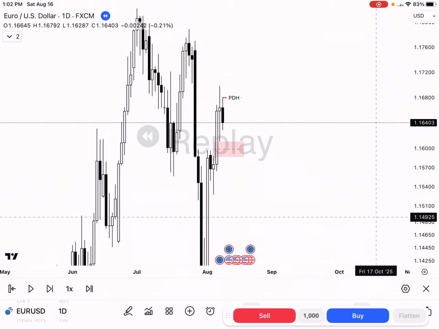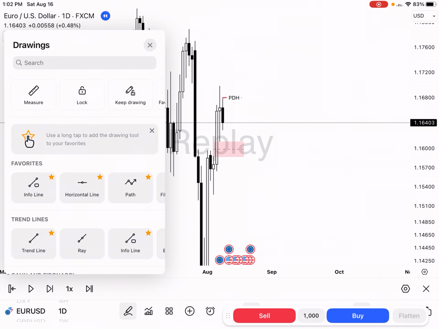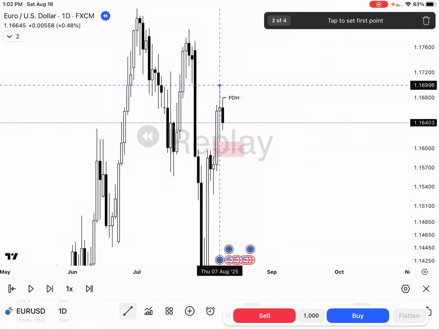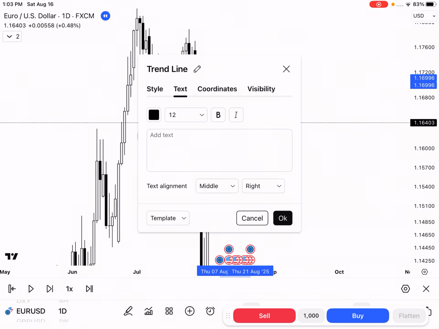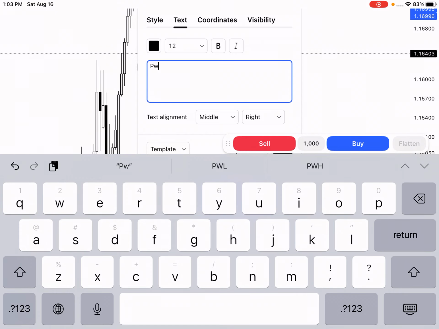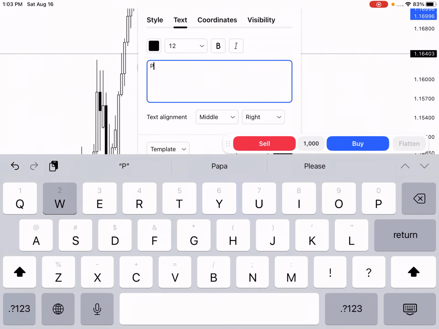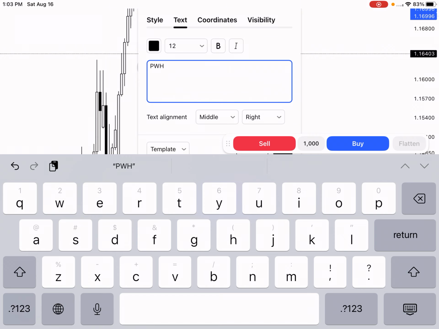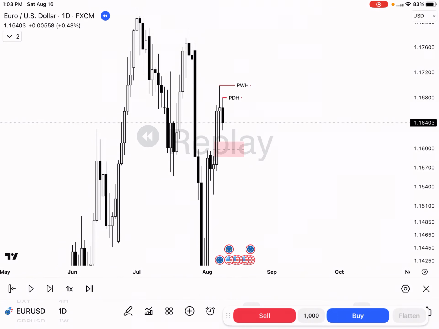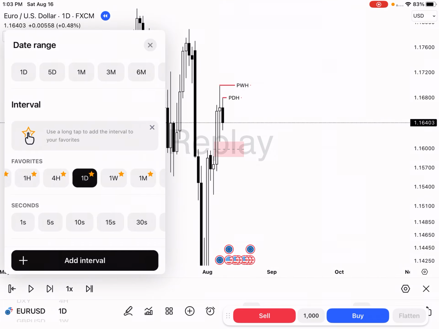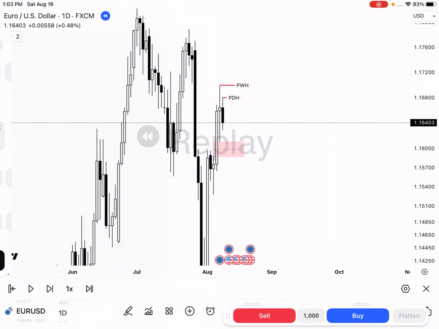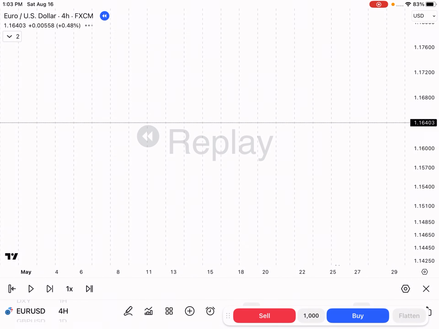Then we have the previous week high. Either the market will take this first liquidity and then go down, or it may directly come here. So I would prefer to go on the H4 chart and see what the market has done.